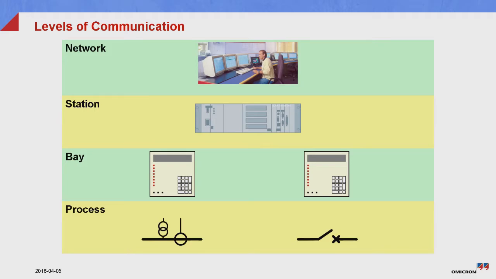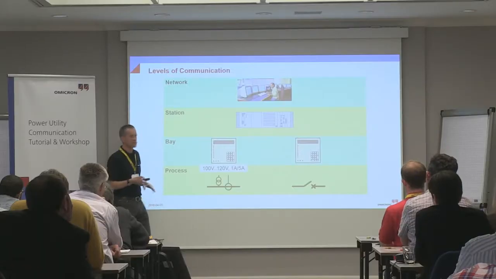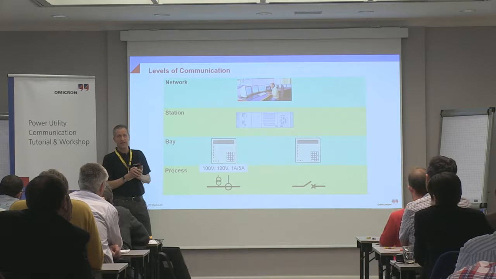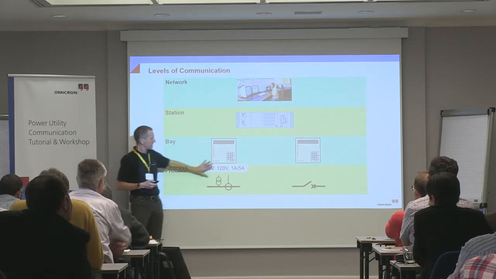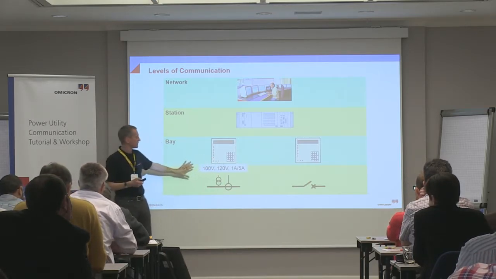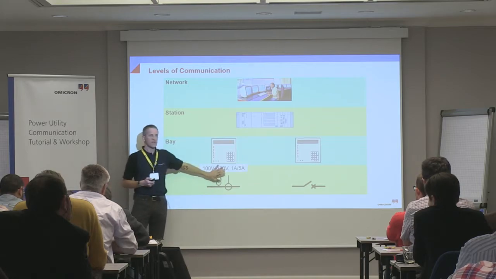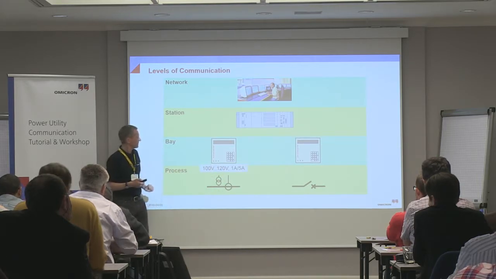Also, Christoph showed you something like that. The question is, where do we have 61850? Let's first start with what we had before as protocols in place. We had very well defined interfaces at the process level with the secondary quantities that we used.